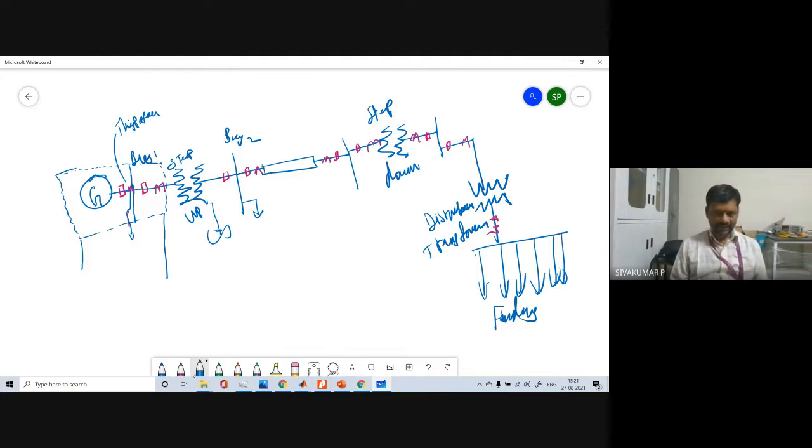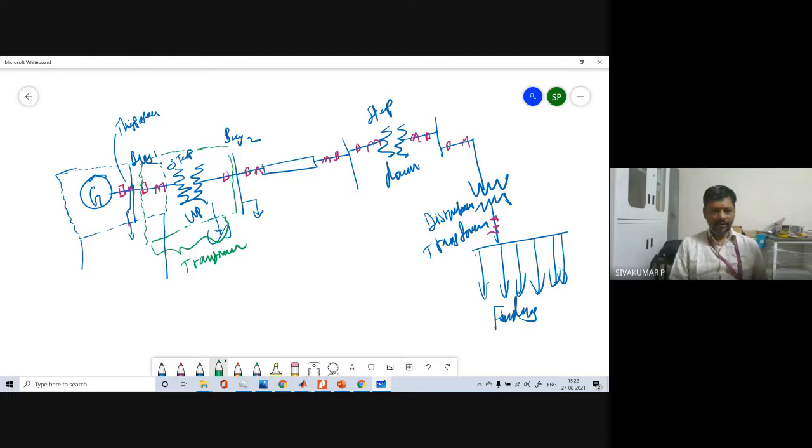Next, please see, this is the portion we are going to cover, the area of the transformer. With this color we protect the transformer by using this circuit breaker, between this line.